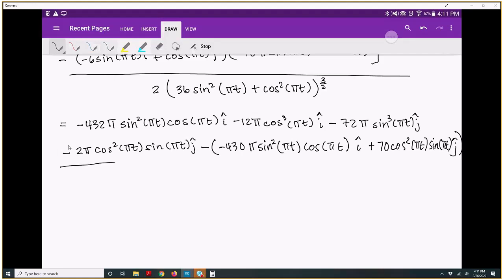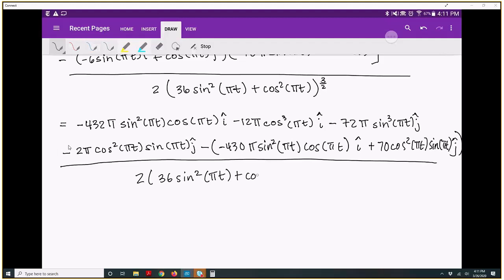We're still dividing by 2 times 36 sine squared of pi t plus cosine squared of pi t to the power 3 over 2.